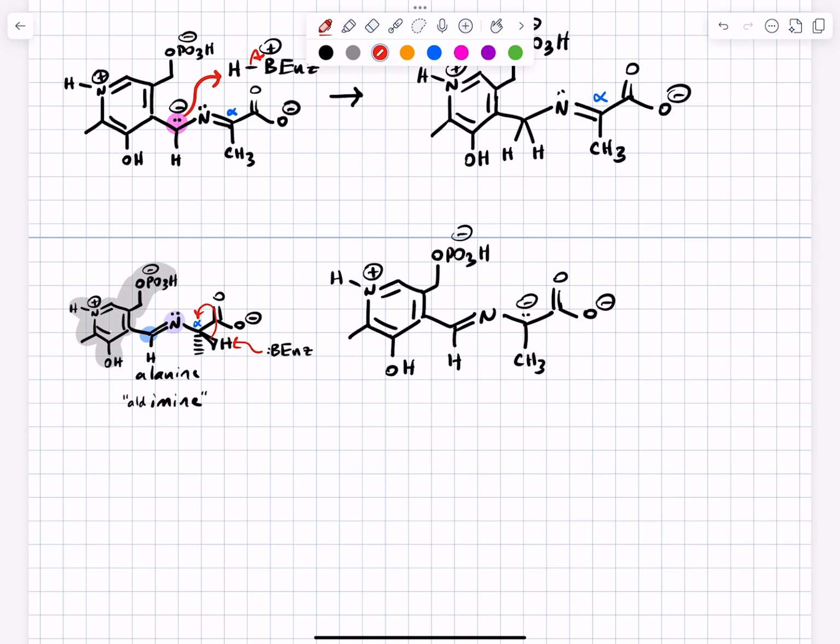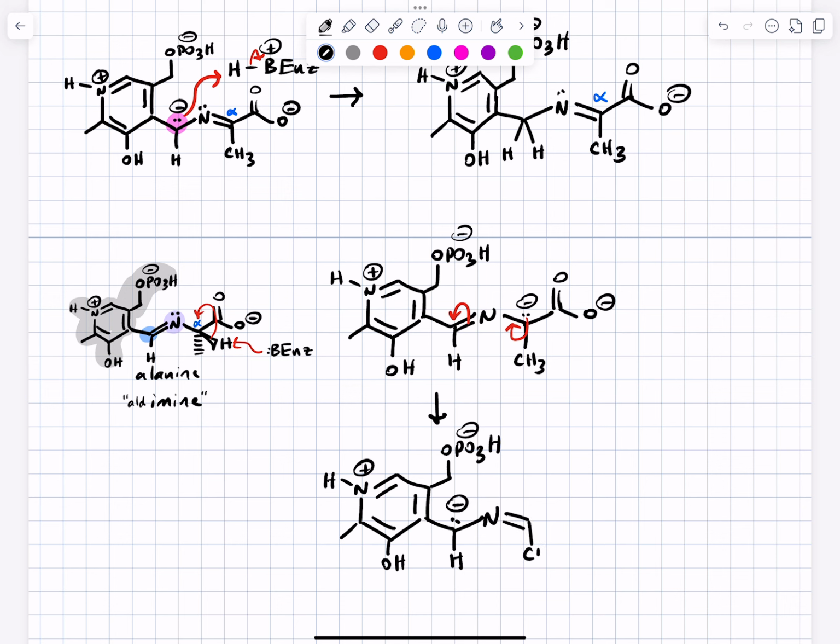We recognized that by pushing arrows this way, we could put a negative charge on the other side of the nitrogen, of the imine. Here is the negative charge now. And now the alpha carbon of alanine is doubly bonded to the nitrogen.